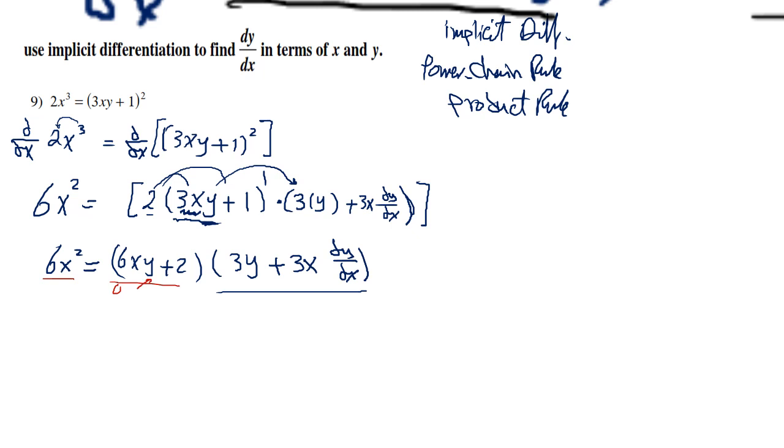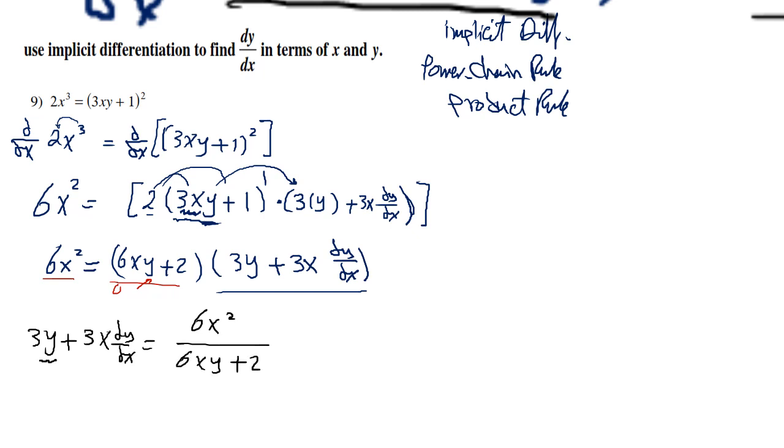So 3y + 3x dy/dx is equal to 6x^2 divided by 6xy + 2.